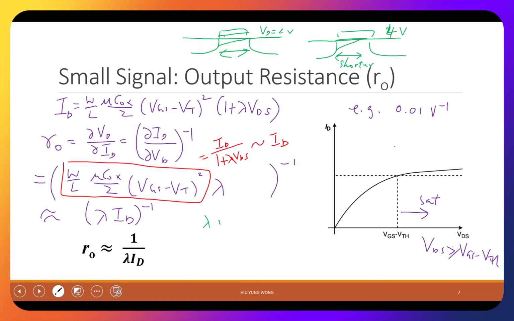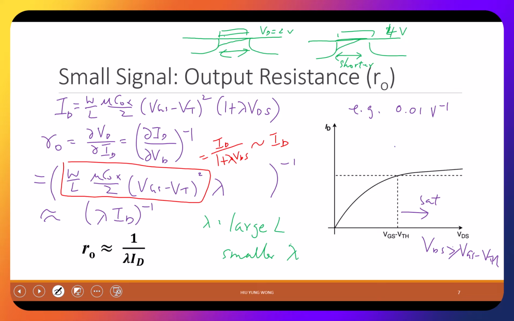So this really depends on the relative change, delta L over L. So what you can do is make your L larger, lambda smaller, right? Again, the point is the change of the effective length becomes insignificant when you have a very long channel.